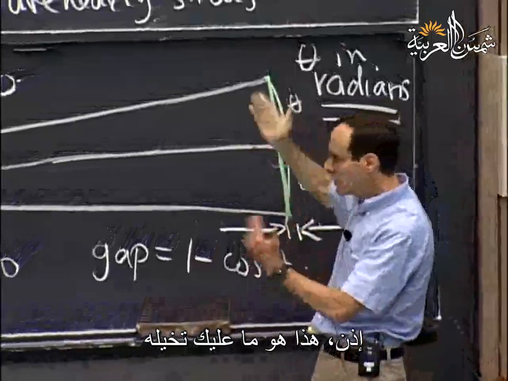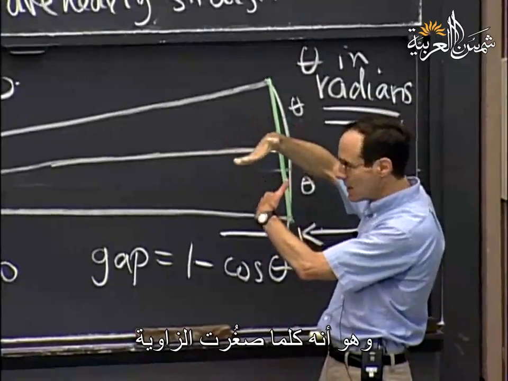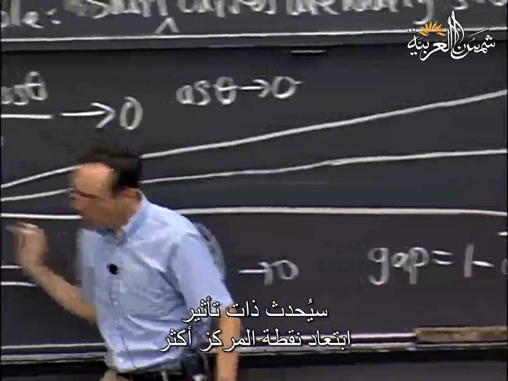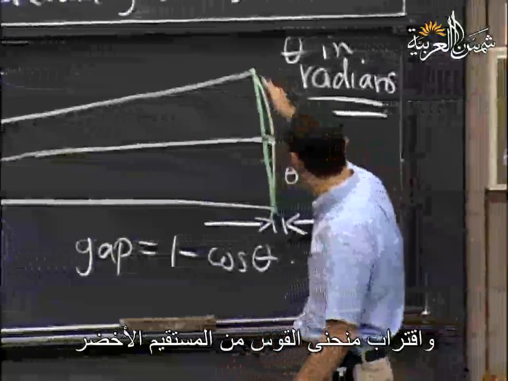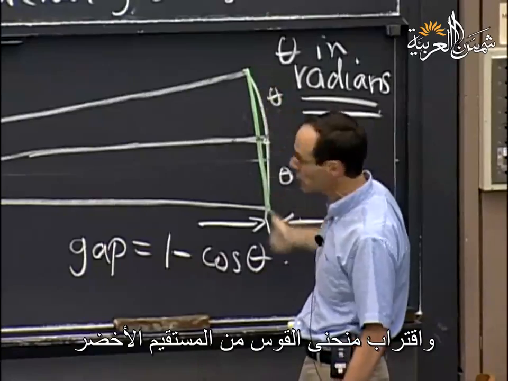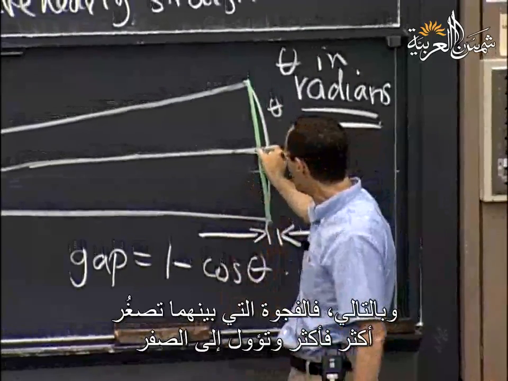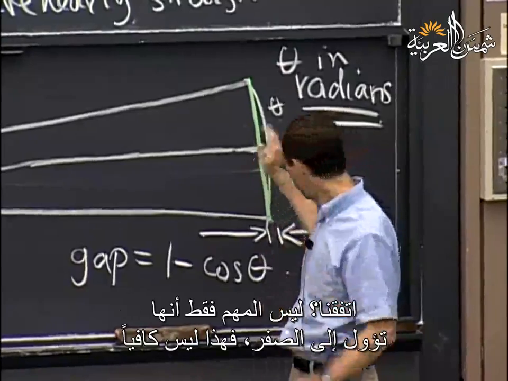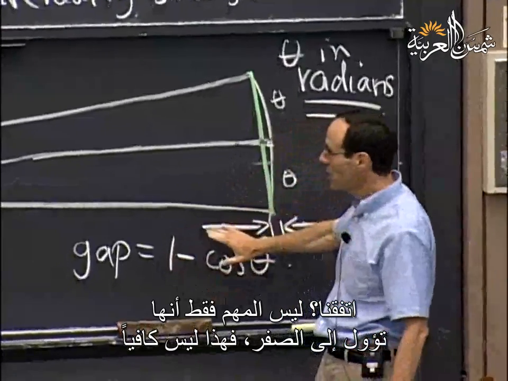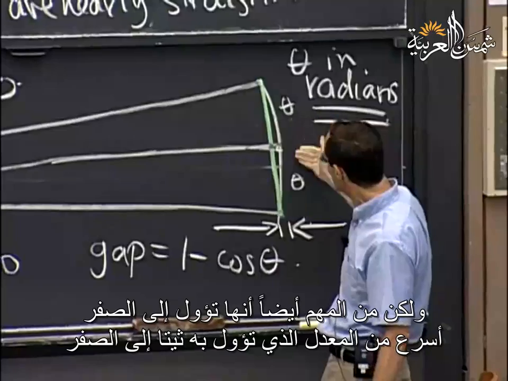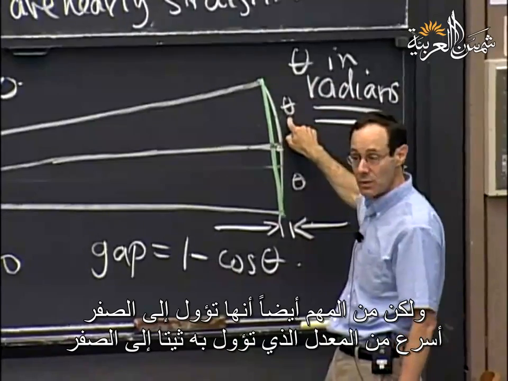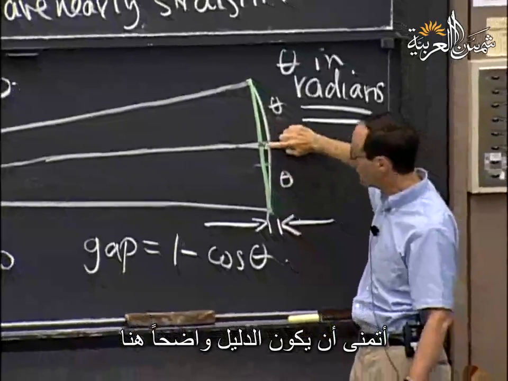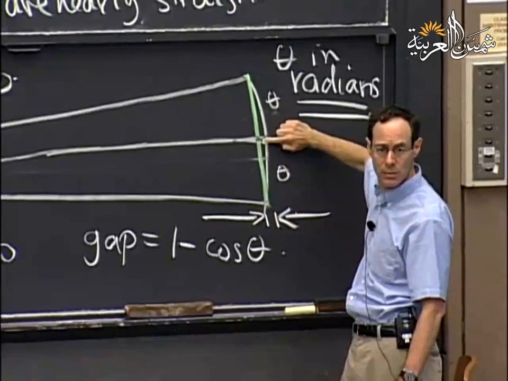As theta gets smaller and smaller, that has the same effect of this thing going way farther away, and this vertical curve getting closer and closer to the green. So the gap between them gets tiny and goes to 0. Not only does it go to 0, that's not enough for us, but it also goes to 0 faster than theta goes to 0. I hope the evidence is pretty strong here because it's so tiny already at this stage.